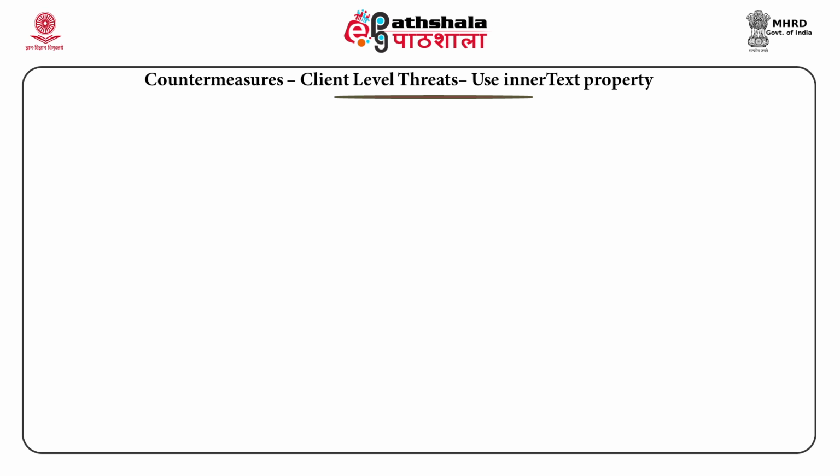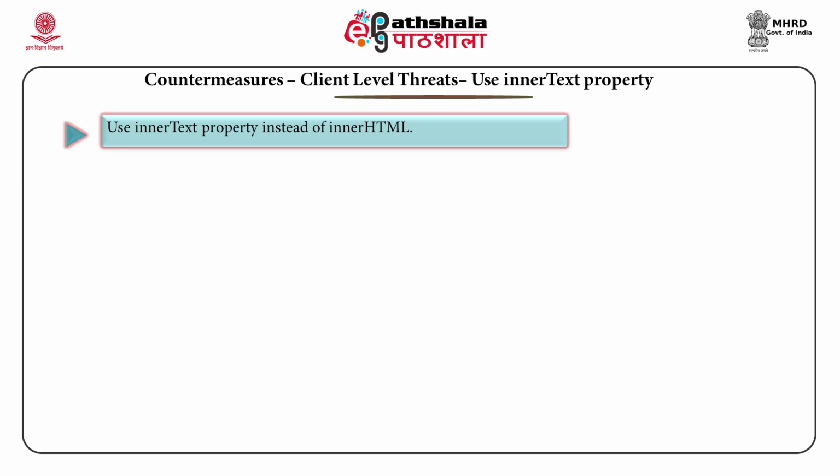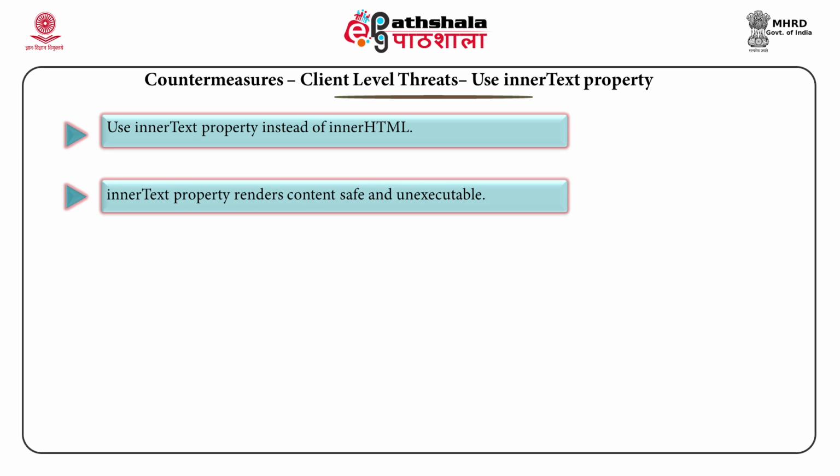Then for the countermeasures, I focused on the inner text property. HTML has two properties, inner text and inner HTML. The suggestion is to use the inner text property instead of inner HTML. Inner text property renders content safe and unexecutable.